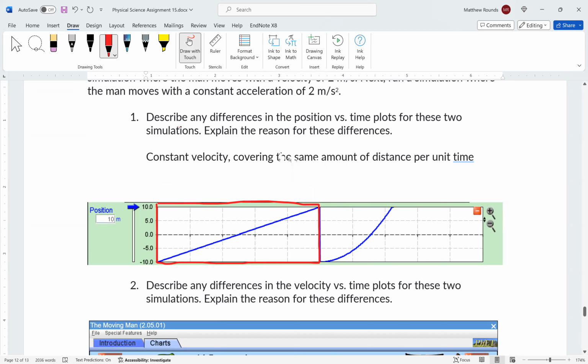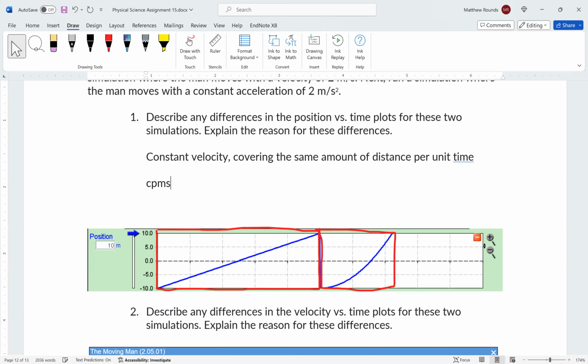In the second box, he ends up covering more ground, constant acceleration. Covers more distance per unit time. The curve is flat, and then it becomes much steeper.